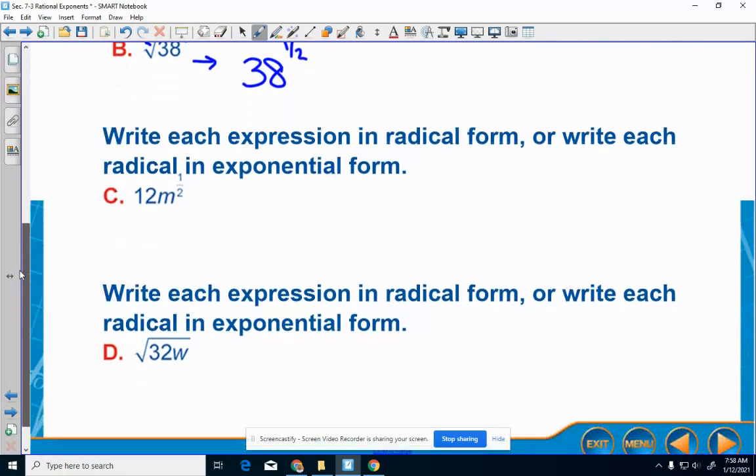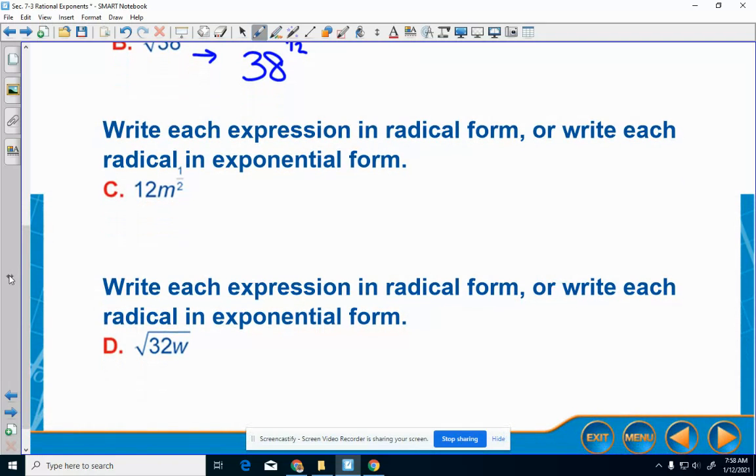Looking at these two here, very similar. However, in this example, what's actually being taken to the 1/2 power? Is it the 12? Is it the m? Or is it the 12m? Ask yourself, which is actually being taken to the 1/2 power? Because there's no parentheses, the only thing being taken to the 1/2 power is the m.